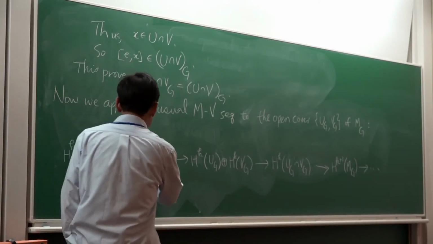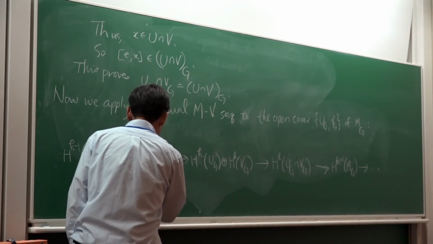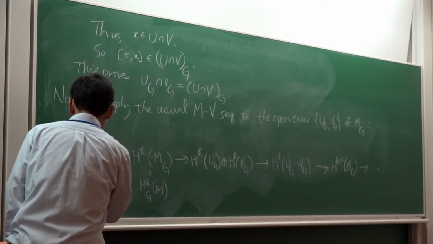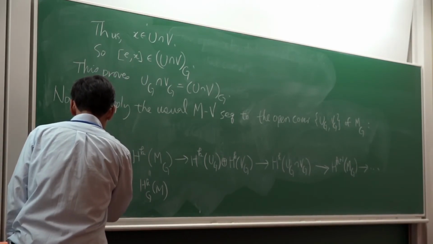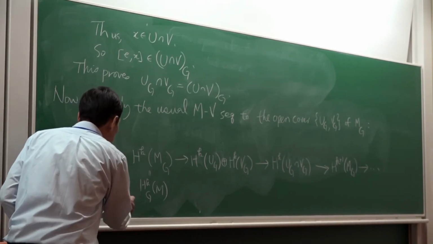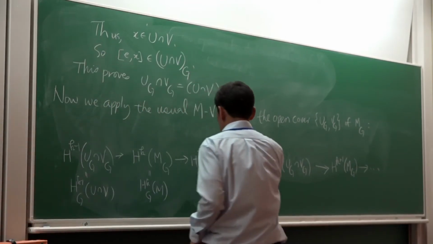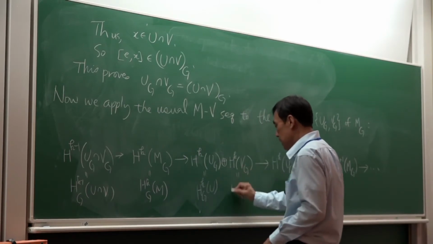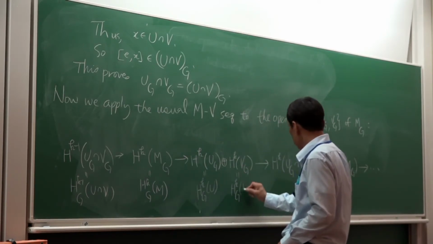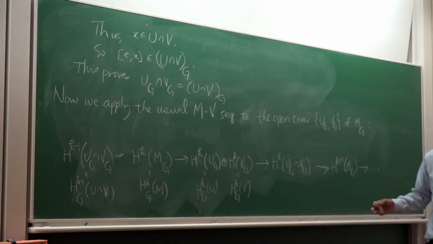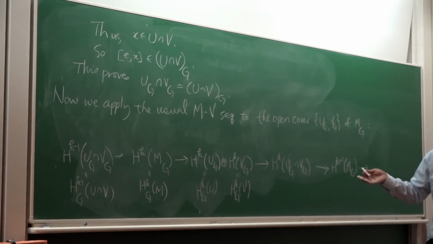But now, you see, this is the equivariant cohomology of M, this is the equivariant cohomology of the intersection, this is the equivariant cohomology of U, and the equivariant cohomology of V. And this gives you the equivariant Mayer-Vietoris sequence.